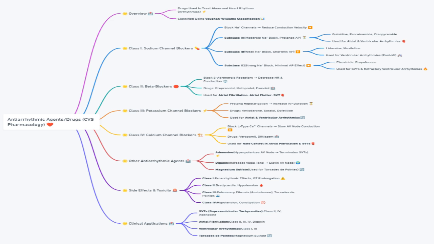Dronedarone elimination is primarily non-renal. However, it inhibits tubular secretion of creatinine, resulting in a 10 to 20% increase in serum creatinine.